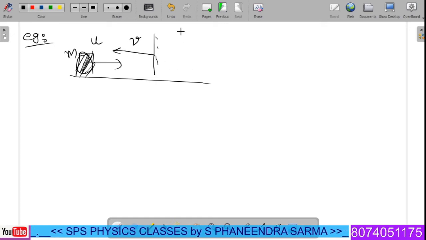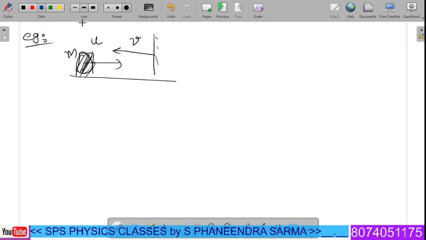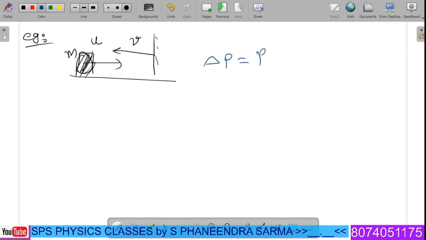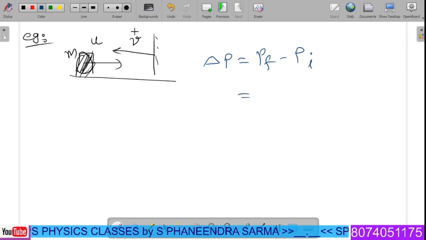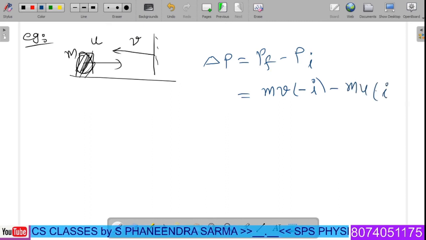Suppose we need to calculate the change in momentum. The change in momentum delta p is equal to final momentum minus initial momentum. The final momentum means the object is moving in the negative x direction, so you can write mv of minus i minus the initial, which is mu of plus i.